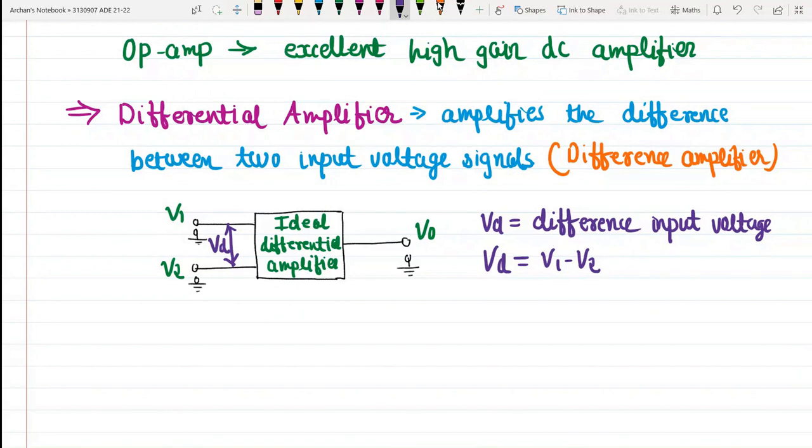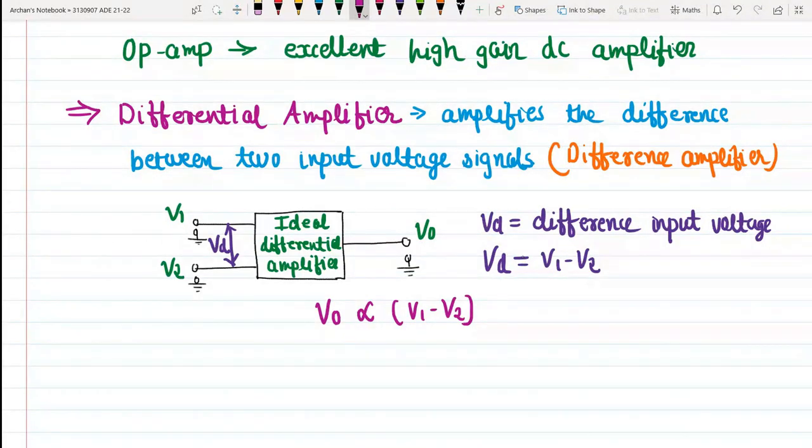In an ideal differential amplifier, the output voltage V0 will be proportional to the difference between the two input signals, that is V1 minus V2. Suppose V1 is 5 volt and V2 is 3 volt, then 5 minus 3 is equal to 2. So ideally my output voltage V0 is equal to 2 volt.